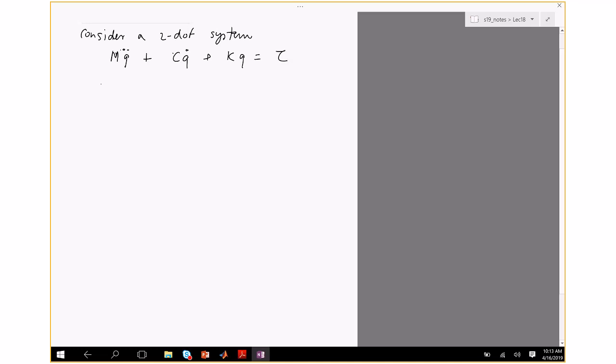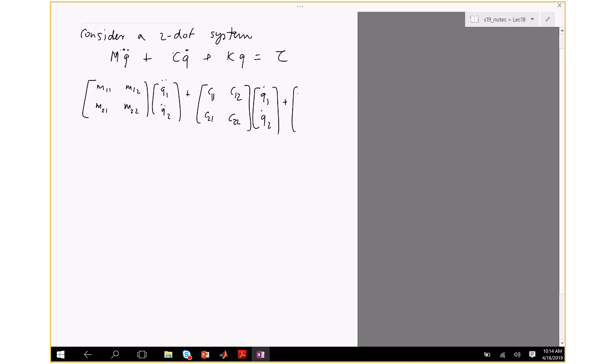What M would really look like would be M11, M12, M21, M22, times Q1 double dot, Q2 double dot, plus C11, C12, C21, C22, plus K11, K12, and so on.